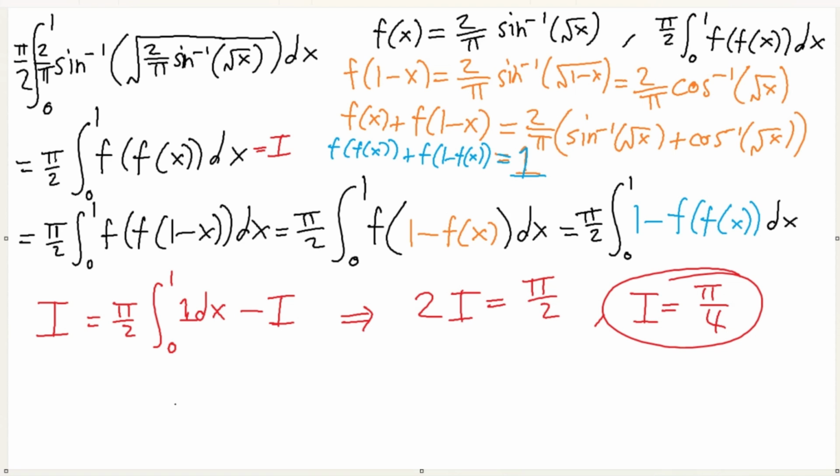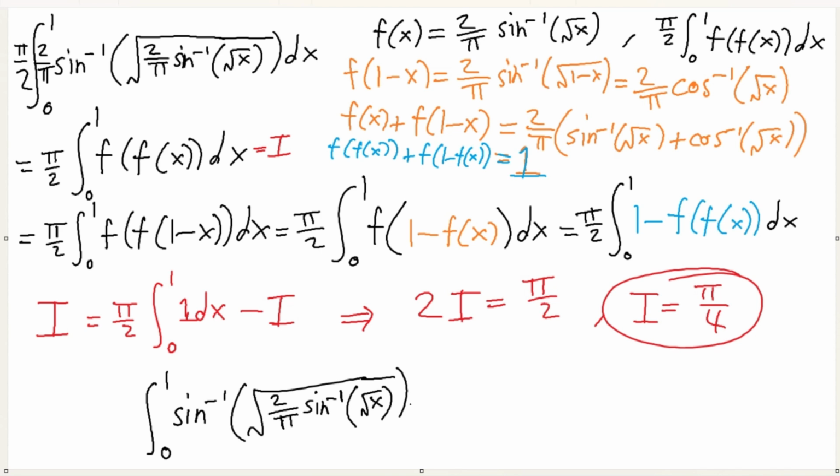So I guess I could just write it all out. This integral from 0 to 1 of 2 over pi times the inverse sine of the square root of x dx is equal to pi over 4.